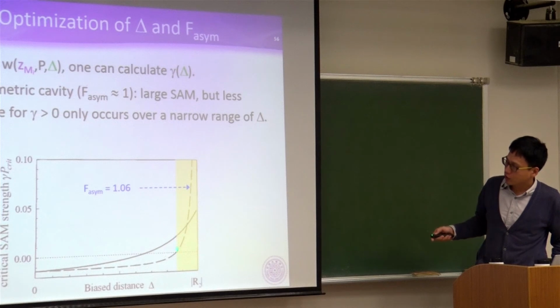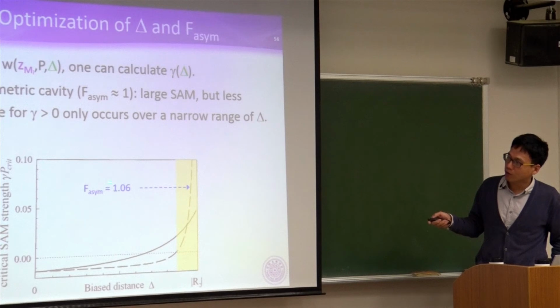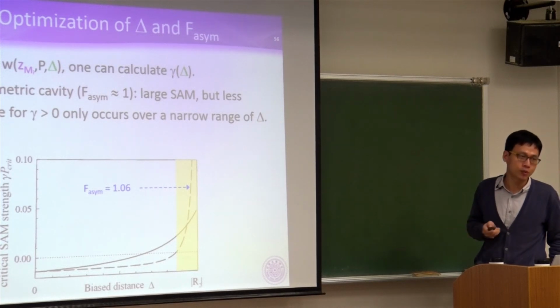Only this range, okay? You see your dashed curve is above 0, positive. You always need a positive gamma. But when your asymmetric factor is very close to 1, this is only true within a very narrow range of delta. So that means whenever there is a misalignment, very slight misalignment, you might fail the mode-locking. Okay, although the SAM coefficient is pretty large.